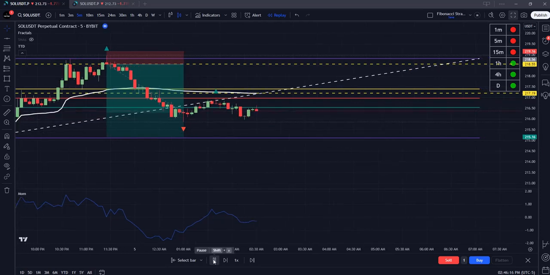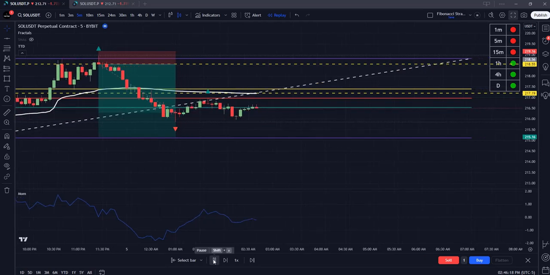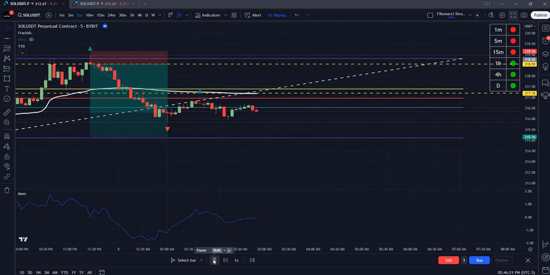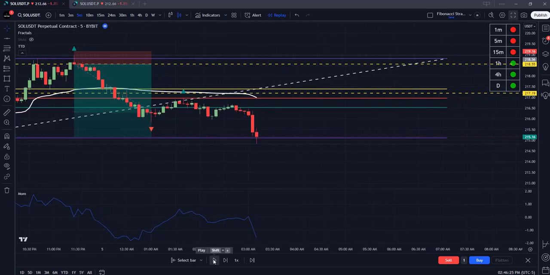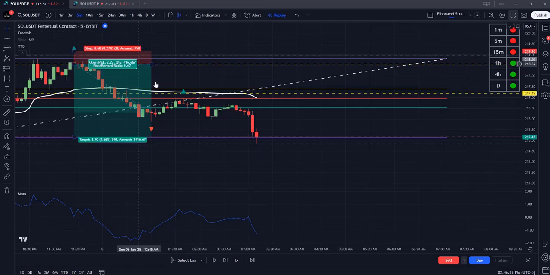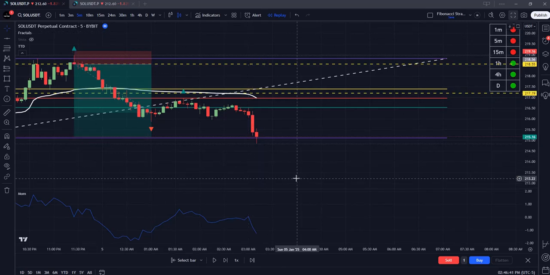It's kind of just moving sideways a little bit. And a big massive candle. Actually, this candle here is the one that hit my take profit. We started at 11:25 and that one finished at 3:10, so not quite 4 hours to get there on a 5-minute chart. That one took a minute.